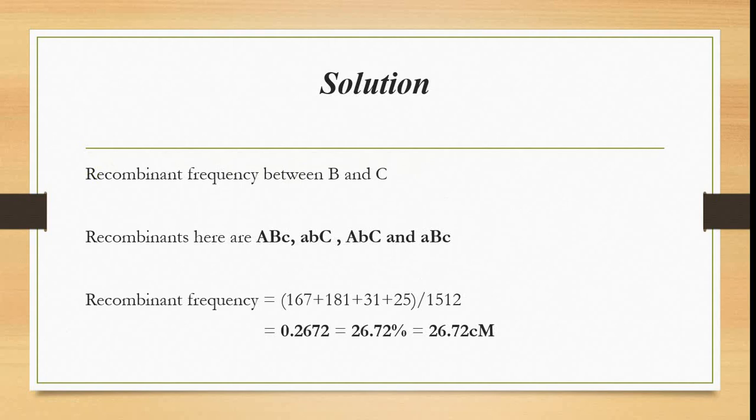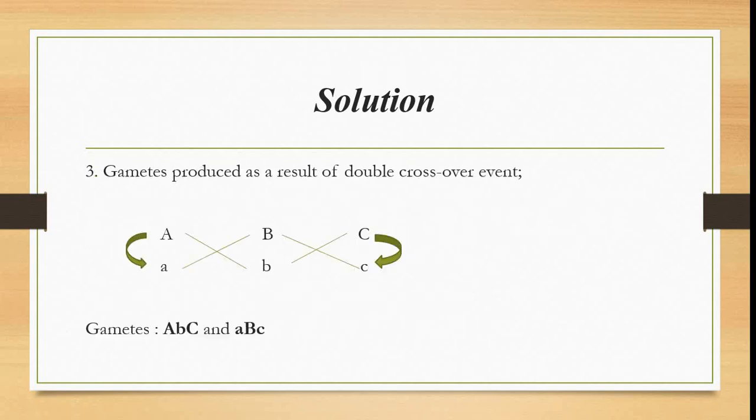The same thing applies to the recombinant frequency between B and C. You consider the single gametes that were formed as a result of recombination between B and C, as well as the double crossover products. Always don't forget the double crossover products, because the same thing happened in them.